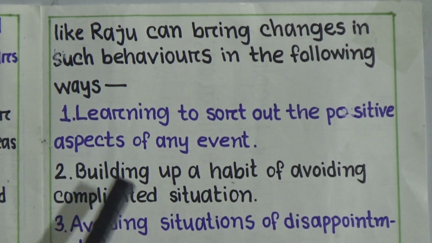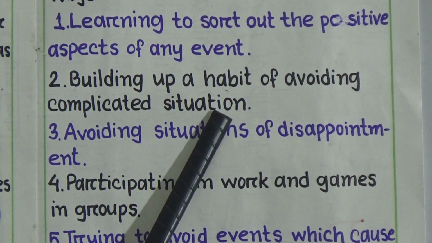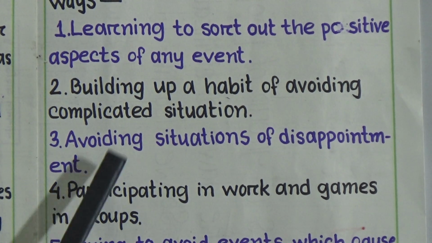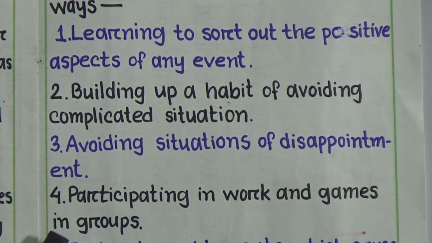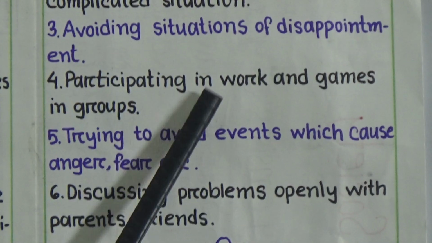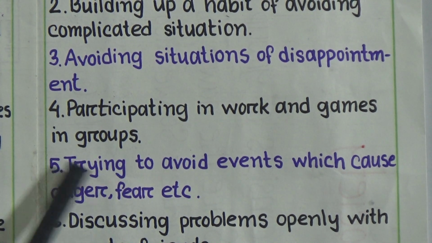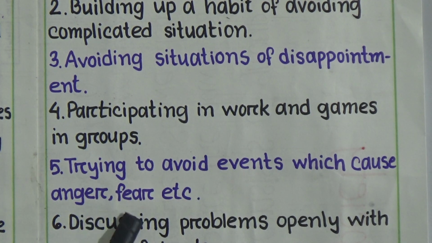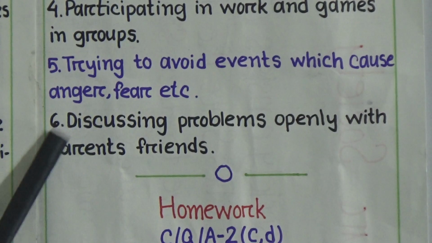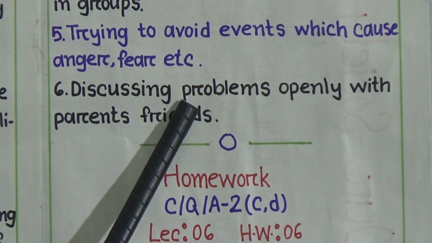Number 2, building up a habit of avoiding complicated situations. Number 3, avoiding situations of disappointment. Number 4, participating in work and games in groups. Number 5, trying to avoid events which cause anger, fear, etc. Number 6, discussing problems openly with parents, friends.